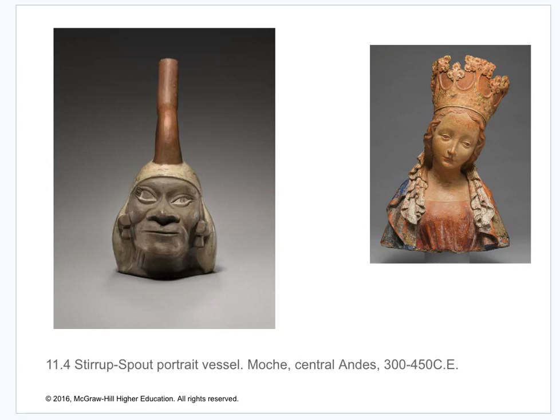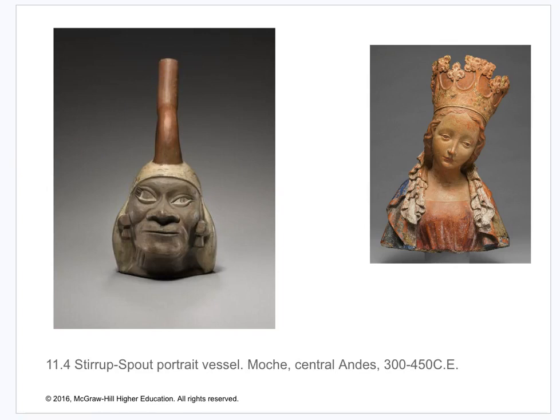In this particular picture, you can't see it, but that thing that's coming off the top of the face is actually like a spout. And if you were to see it from the side, it makes like a U shape. So it's attached to the head in the front, and then this part actually curves around and is attached back here. So there's a stirrup right here that you can't totally see. And then you have this spout that comes off the top of it. And that's a really common form from these ancient South American cultures.